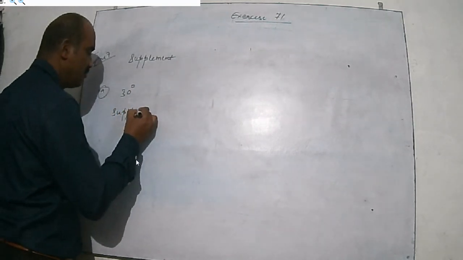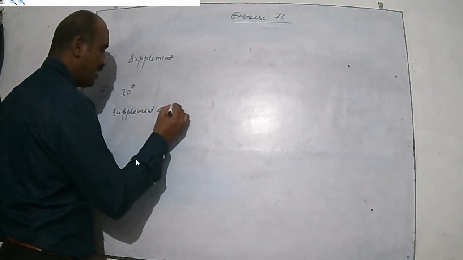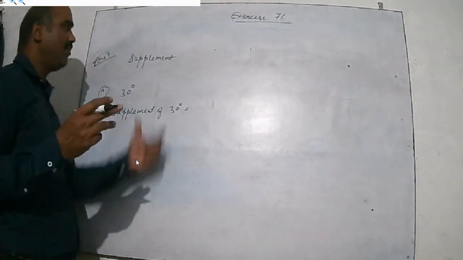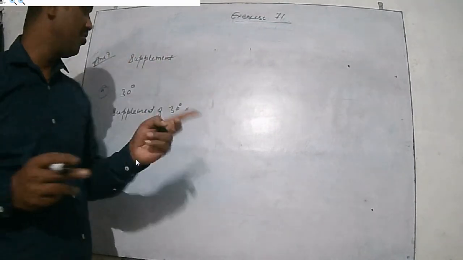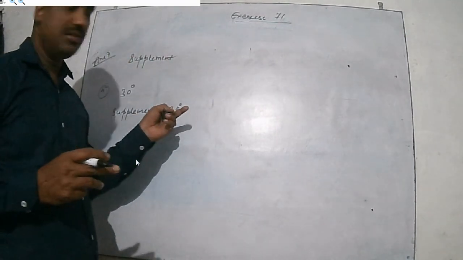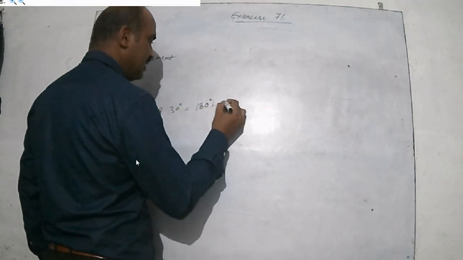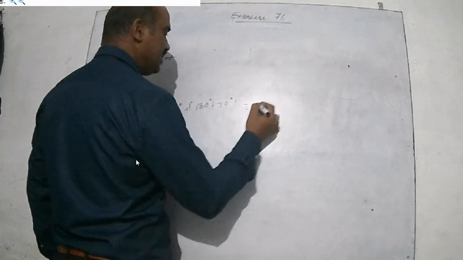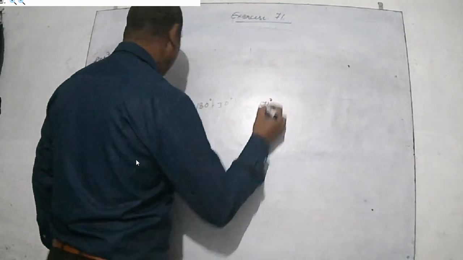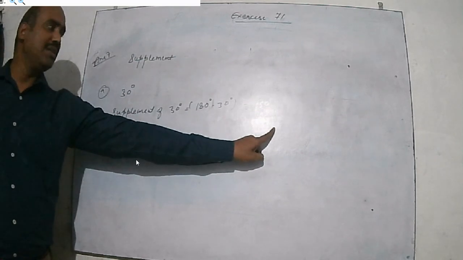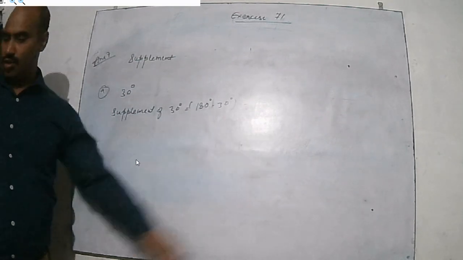Supplement of 30 degrees: supplement means the sum of two angles is 180, so you have to subtract from 180. So 180 degrees minus 30 degrees. So you got how much? It is 150 degrees. So the supplement of 30 degrees is 150 degrees. It is clear? Hope that you understand that.